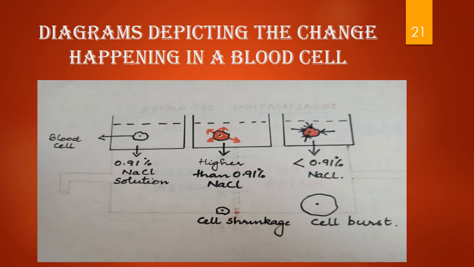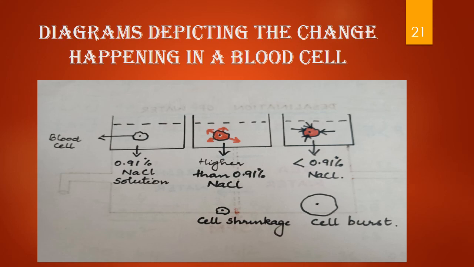The opposite happens in the case of hypotonic solution. Hypotonic solution will have less amount of salt present, and water from the higher concentration region moves into the cell, and as a result the cell gets bulged and it collapses.